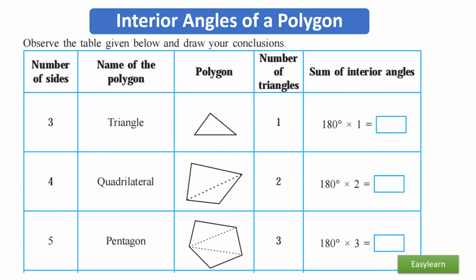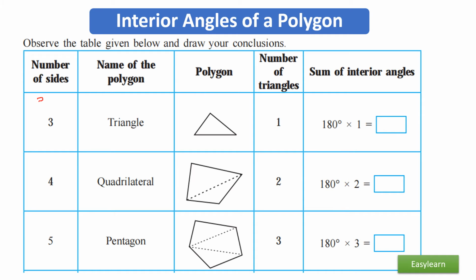Now, what do you mean by interior angles of a polygon? If you look at the table, in the first column you have the number of sides. If there are 3 sides, it is called a triangle. Then you have the shape of the triangle, and the number of triangles is 1. Now, how do you calculate the number of triangles? Number of sides minus 2.